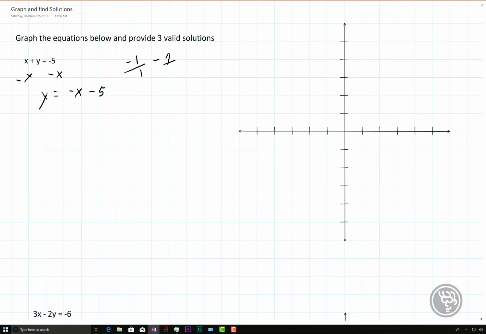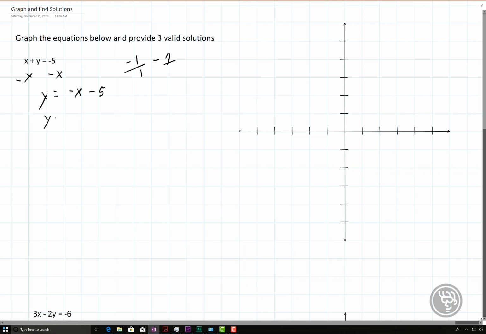So let's figure out some points real fast. The easiest point to always do is 0. If we set x to 0, y is equal to 0 minus 5. Well, y is equal to minus 5. So at 0, your y is minus 5. That's one point. Let's go ahead and plot that point.